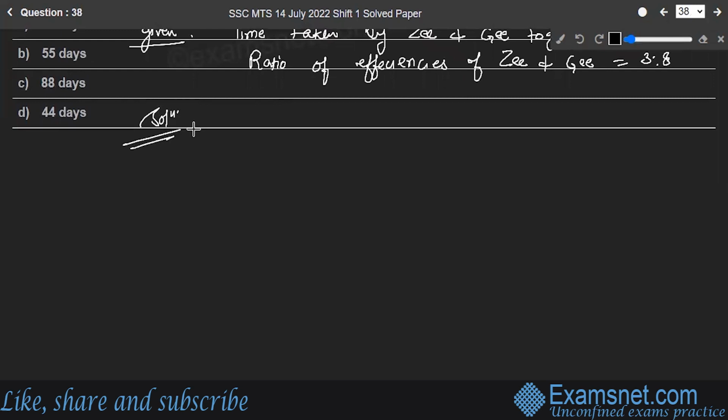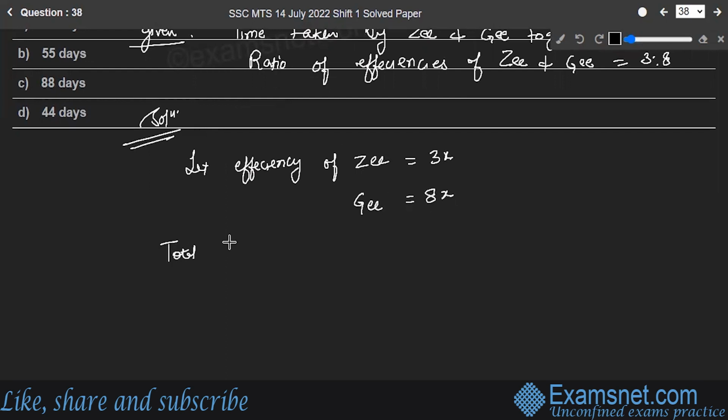So here, according to the solution, first of all, we'll assume their efficiencies. So I'll say let the efficiency of Z be 3x and G be 8x, right?